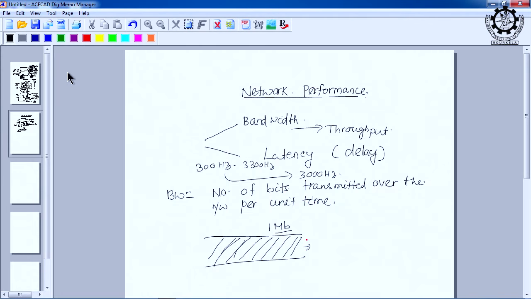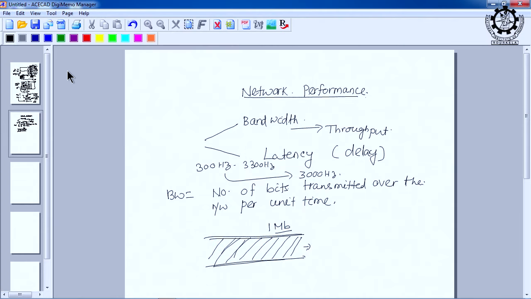The capacity of this hall is 120, meaning maximum 120 people can be accommodated in this hall. So, the capacity of a channel is actually the bandwidth, how many bits of data it can transmit at any point of time.